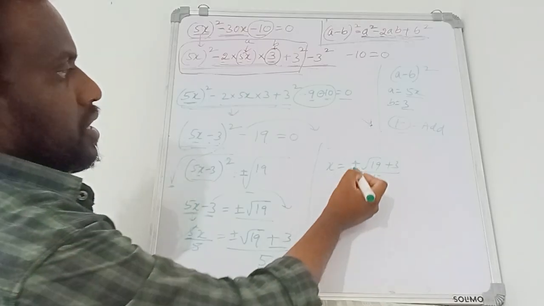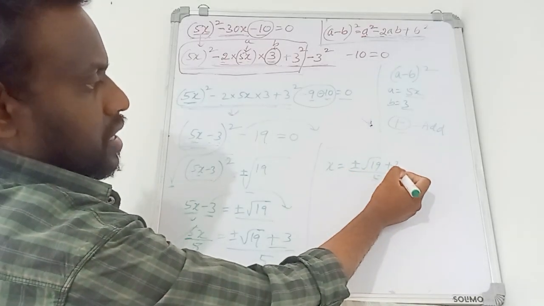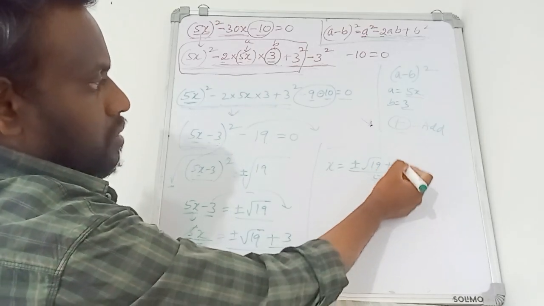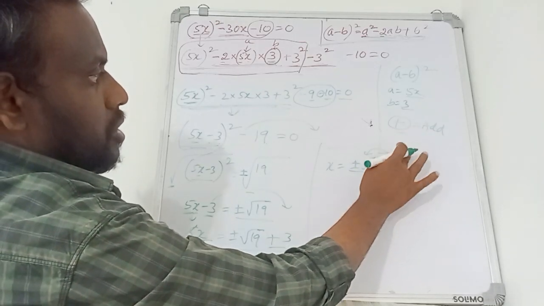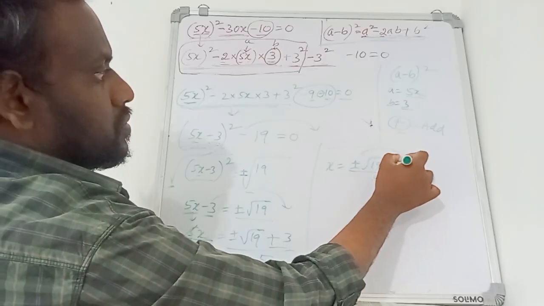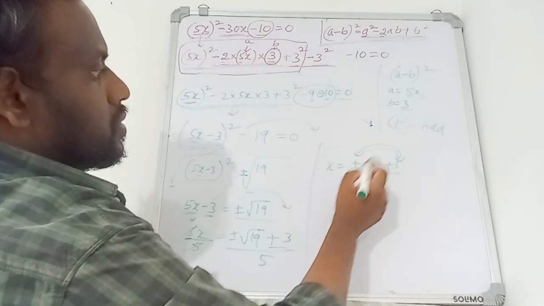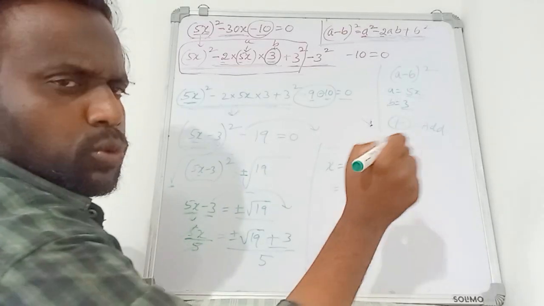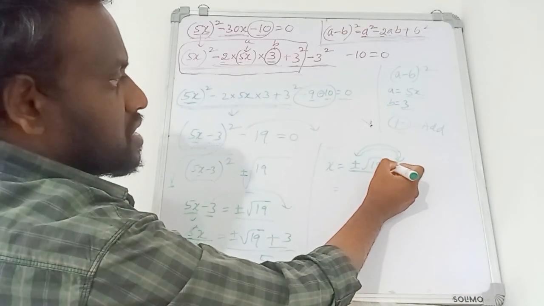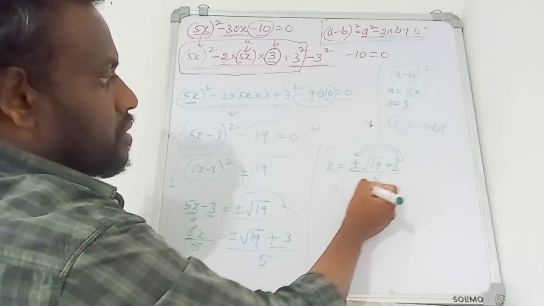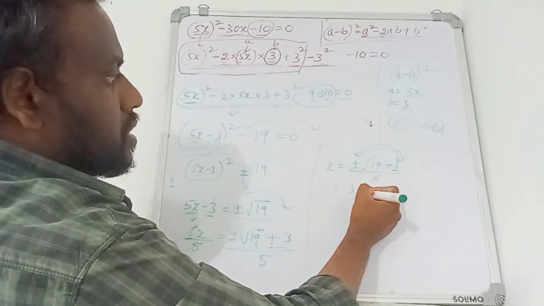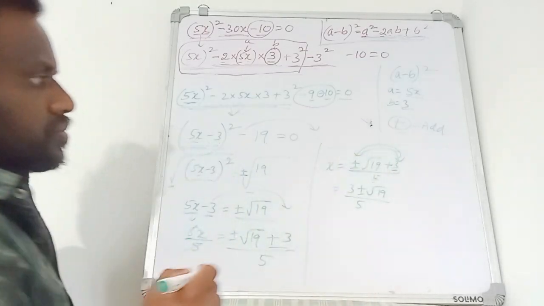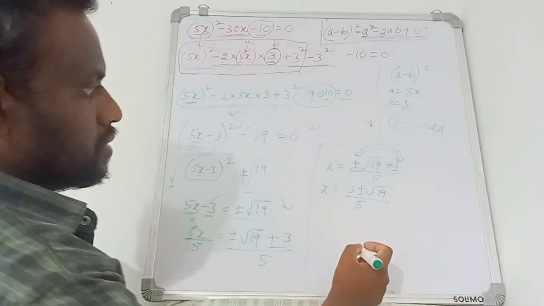For convenience, since plus or minus is there with just a number, I will write the 3 first, then interchange. It will not become wrong because a plus sign is there. So first I will write 3, next plus or minus root 19, whole divided by 5. X is equal to.